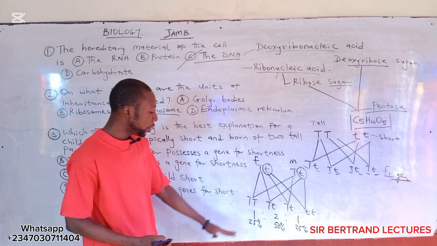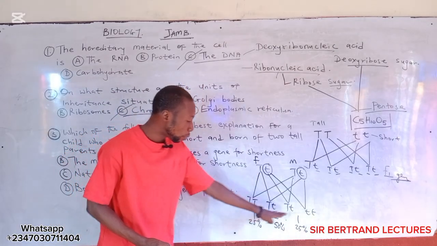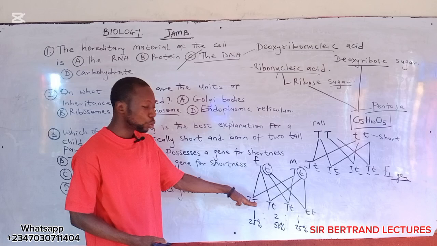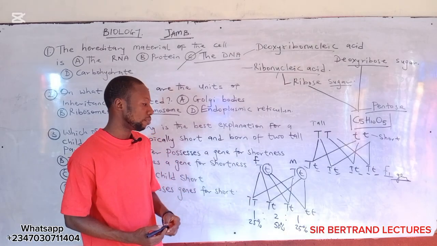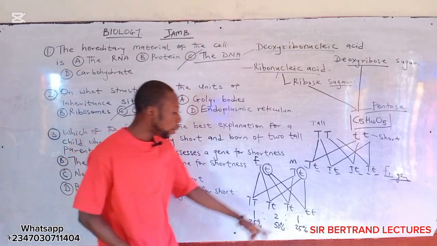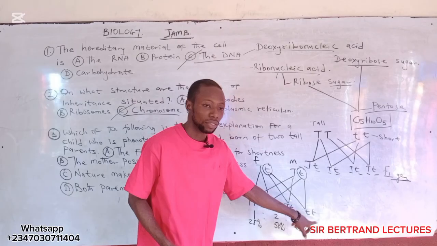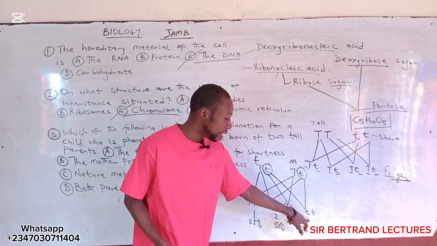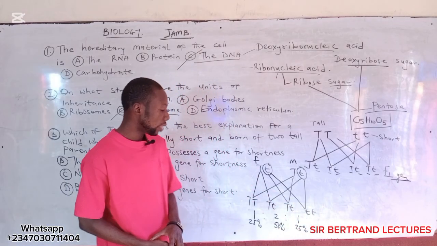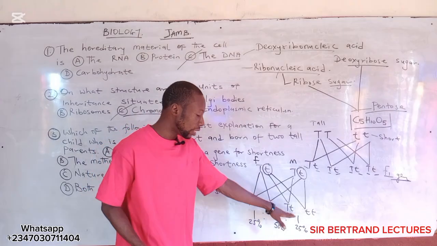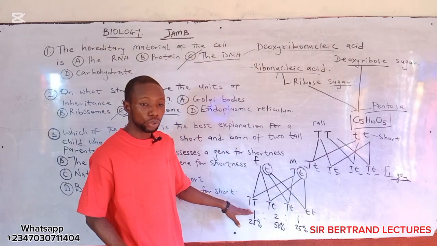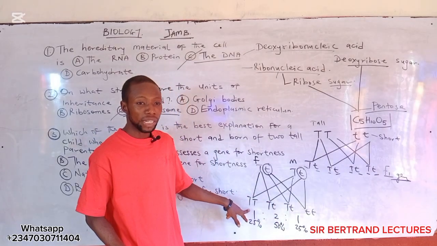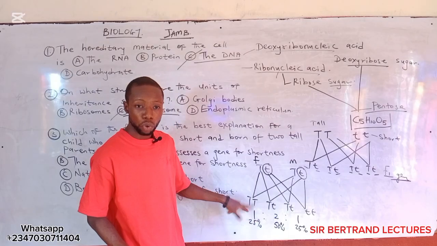All right. So he concluded that for this to be possible, some traits are dominant, while some are not. Here we have only two genes for short, so the offspring here must be short. You understand? All these ones here have tall genes, and this one is homozygous tall because it comprises identical alleles for tall.